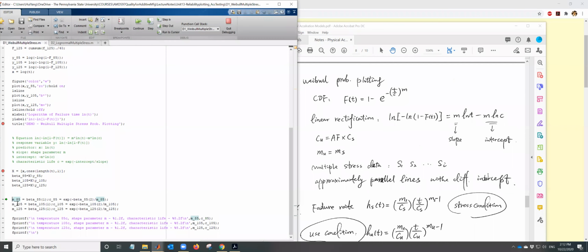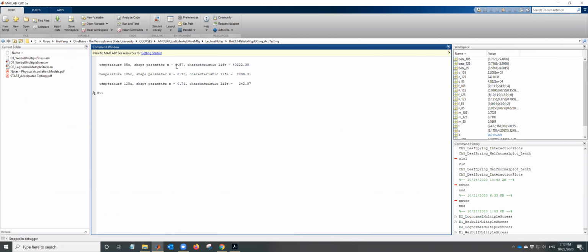So what we did is we got M. This is the shape parameter. And we also got C. And we continue to do that. Now we print them out. If we go to the command window, we see for temperature 85 degrees, the shape parameter is 0.57. Is this minus or? I think this is not minus.